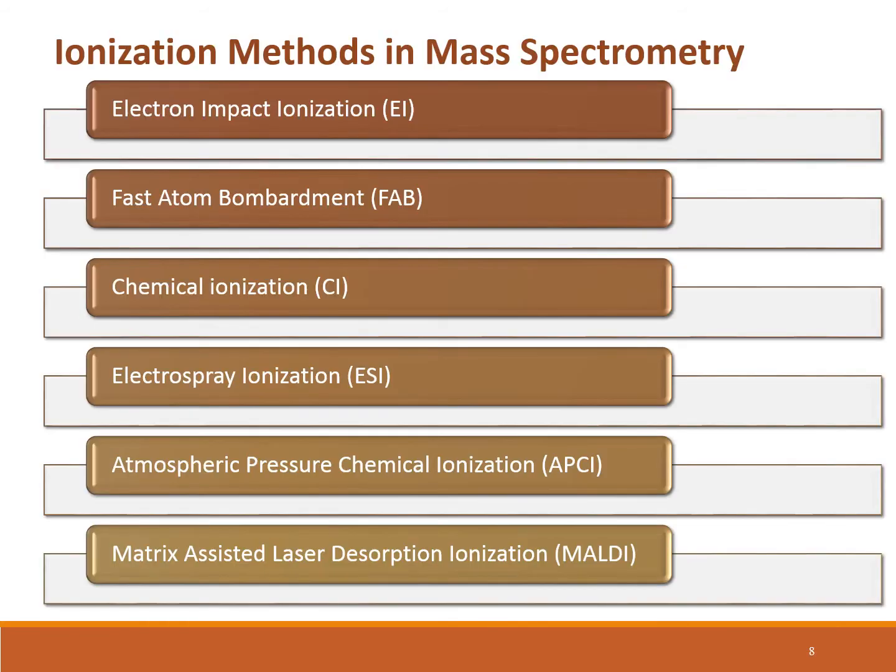There are 6 ionization methods in MS. They are electron impact ionization, fast atom bombardment, chemical ionization, electrospray ionization, atmospheric pressure chemical ionization, and matrix assisted laser desorption ionization, which is known as MALDI.